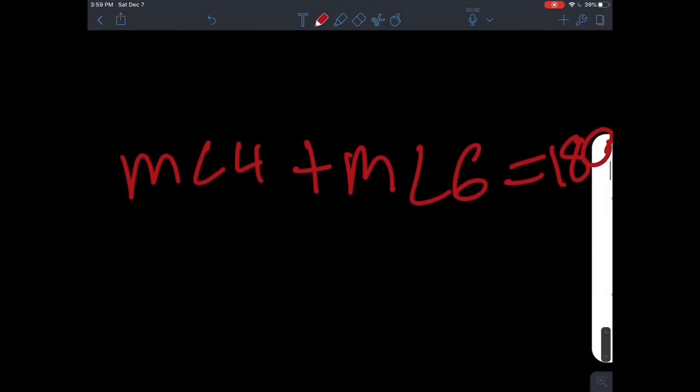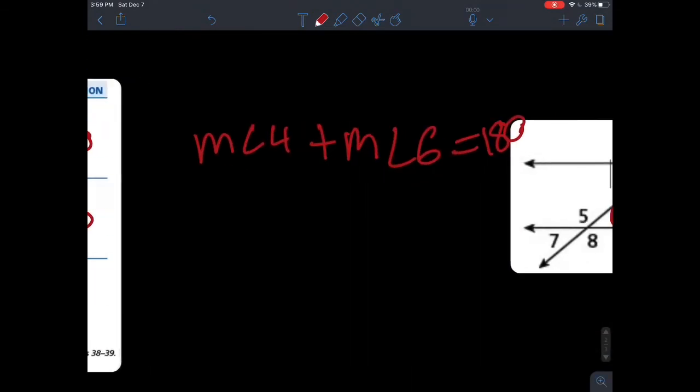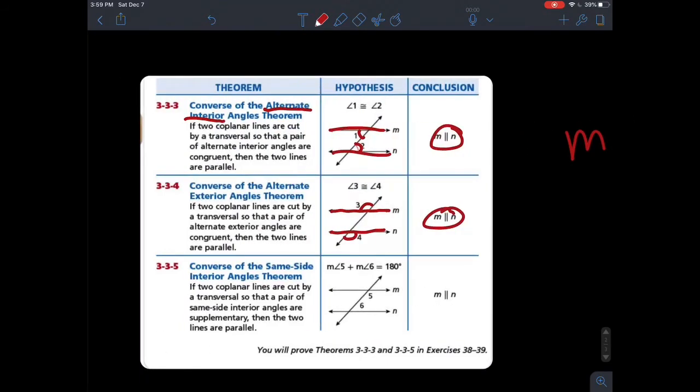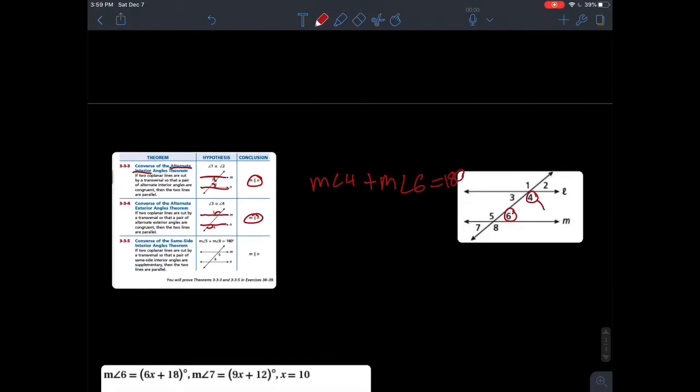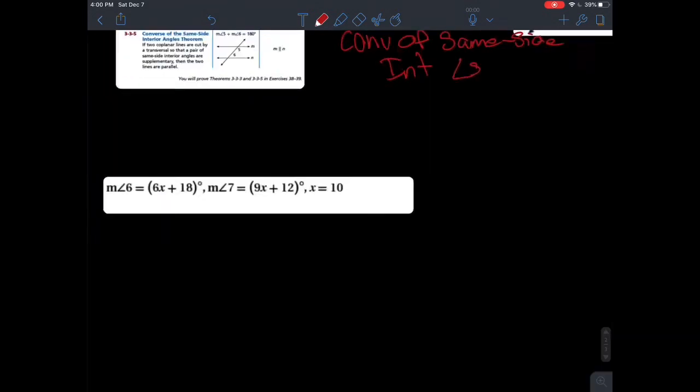Since they're supplementary, then it means our two lines are cut by a transversal so that the pair of same side interior angles are supplementary, which means that they equal 180, and the two lines are parallel. So L is parallel to M using converse of same side interior angles. Okay, now we can do this one too.